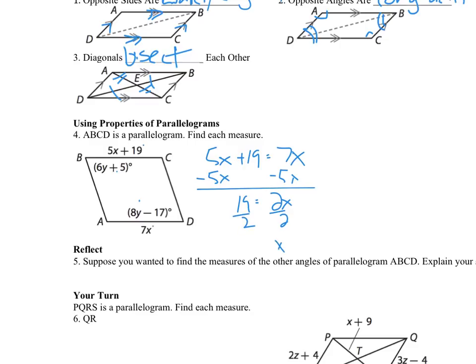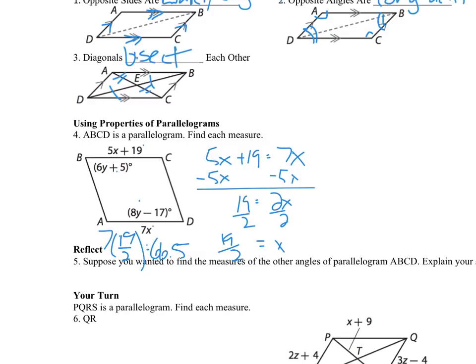And we get x equals 19 over 2. Substitute that value back in. So I'm going to just substitute in for the 7x here. So 7 times 19 over 2. And since we are talking about a distance, we normally don't put those in fractions, so we would write that as 66.5.